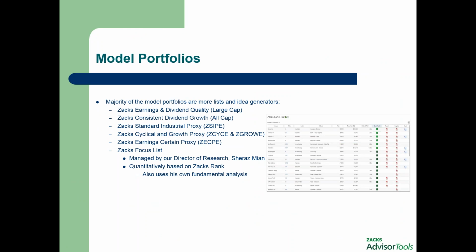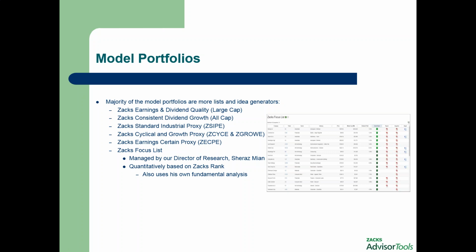And the last one being model portfolios. Most of the model portfolios are not as much model portfolios as they are lists and idea generators, just because the top six or so are a little bit larger with about 75 plus companies in there, so probably a little larger than what a model portfolio might have.